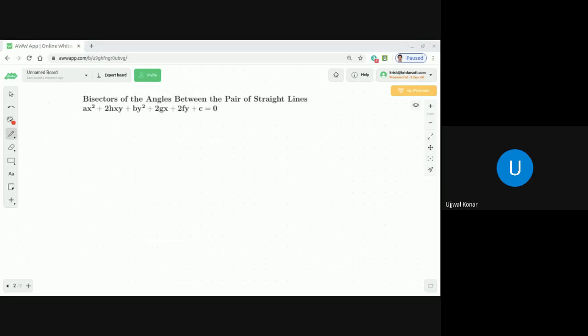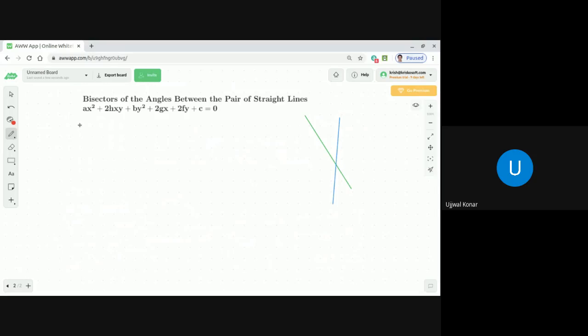So the point is that the general equation of this second degree, as you see, let me represent these two straight lines. One straight line I can represent in the green color, and another straight line I represent in the blue color.